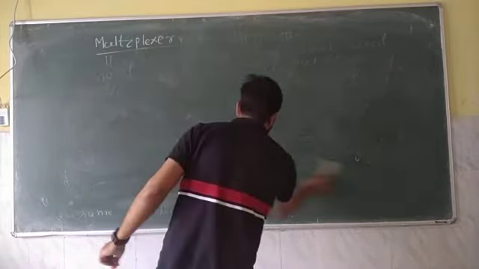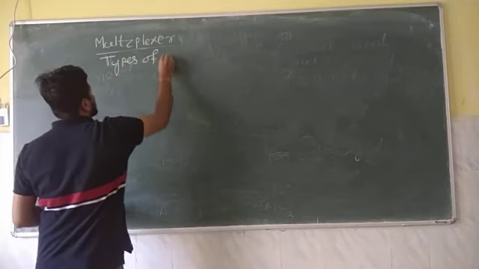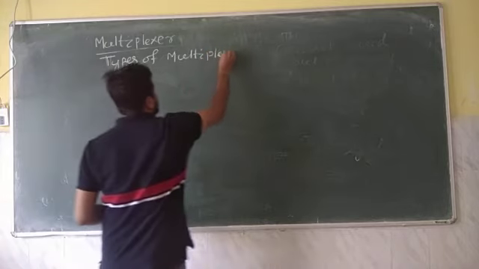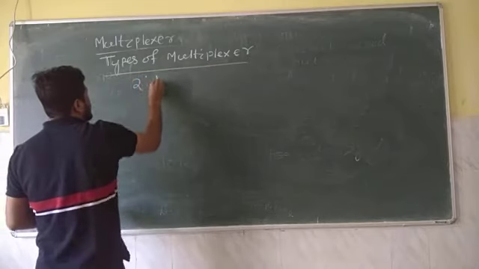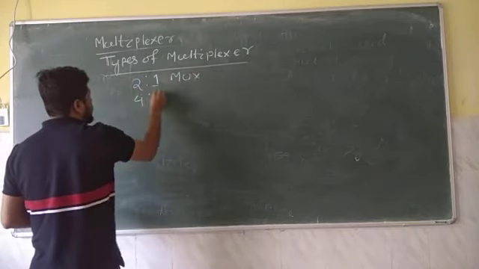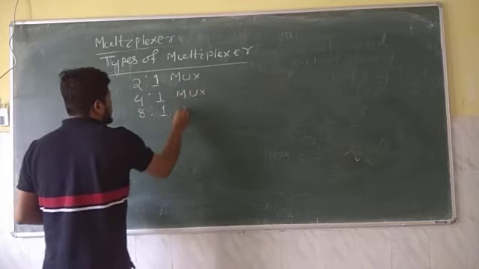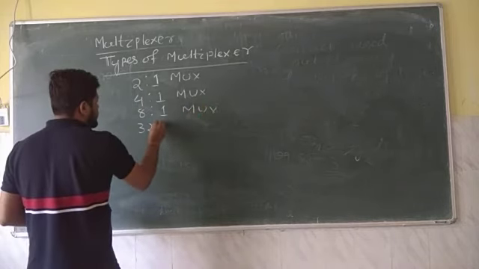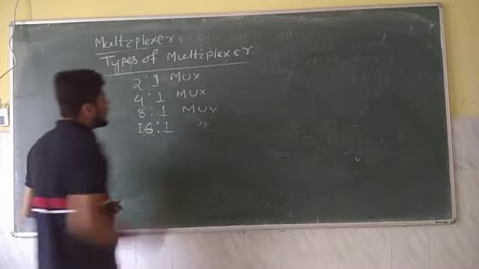So, types of multiplexer. We have 2:1 mux, 4:1 mux, 8:1 mux, 32:1 mux, 16:1 mux, like that.